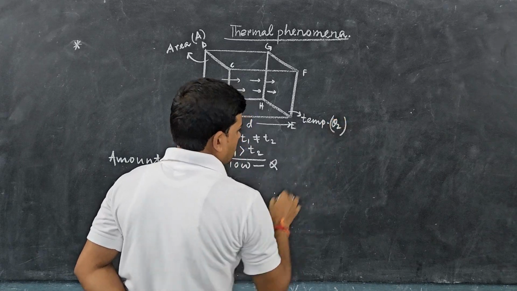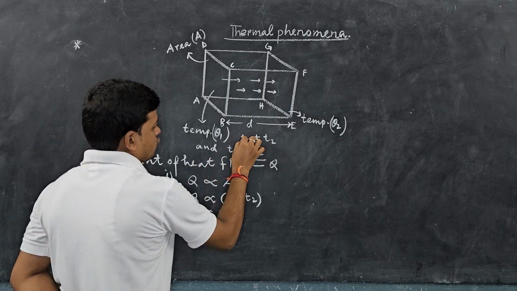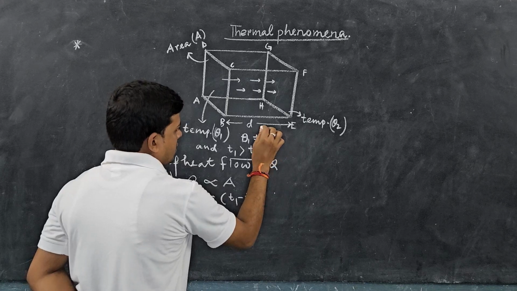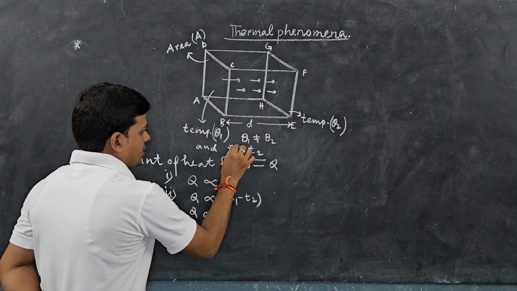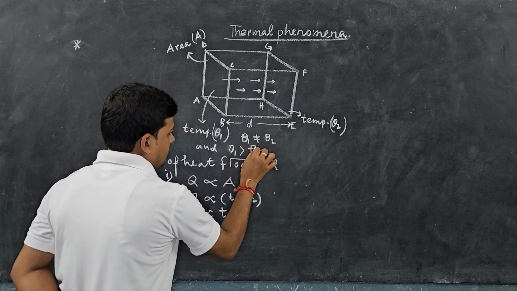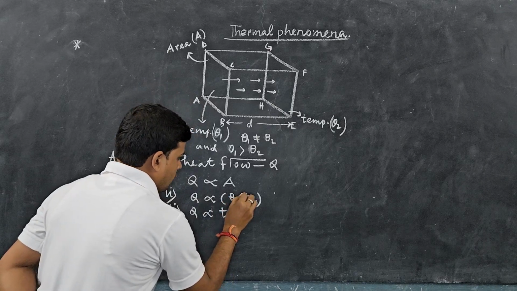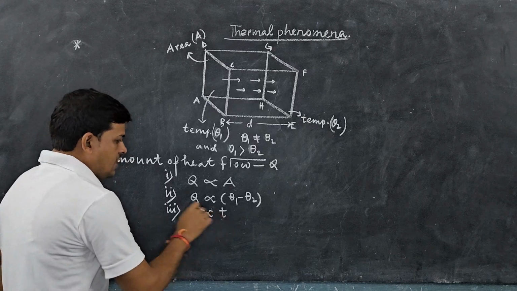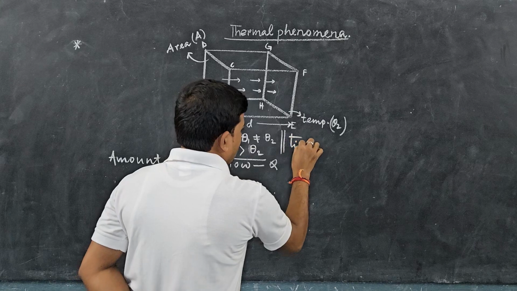Generally we represent temperature by T, but here time is another factor. That's why we represent them by theta 1 and theta 2, the temperatures of the two surfaces. So t is the time of flow of heat.